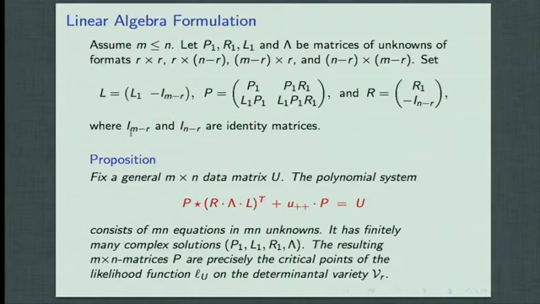Then this is a scalar, again this matrix, and that's equal to that. So that's a system of mn equations in mn unknowns, and the proposition says that there are finitely many complex solutions, and they exactly represent the critical points that we want. It turns out that this square system formulation is the one that works best in our calculations.